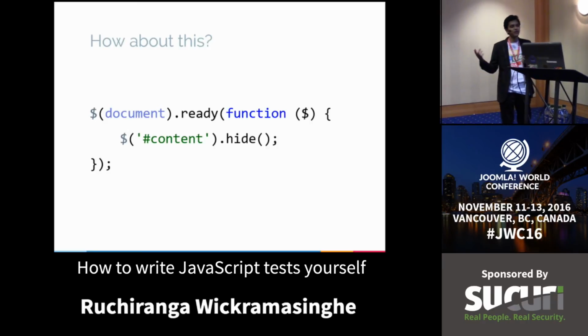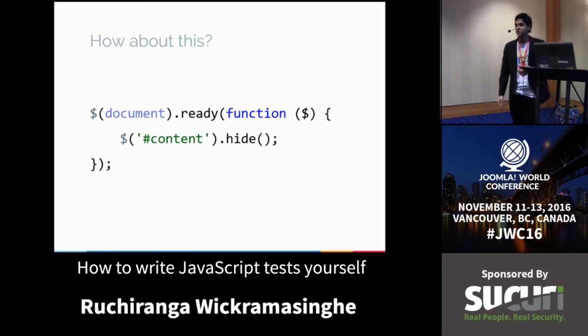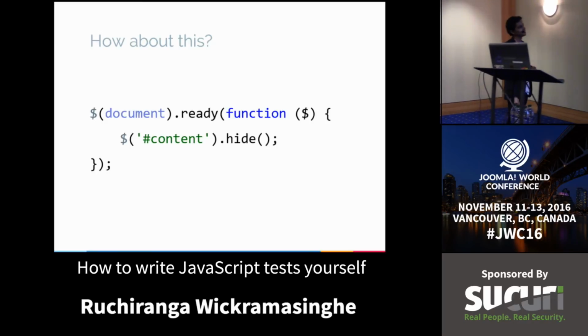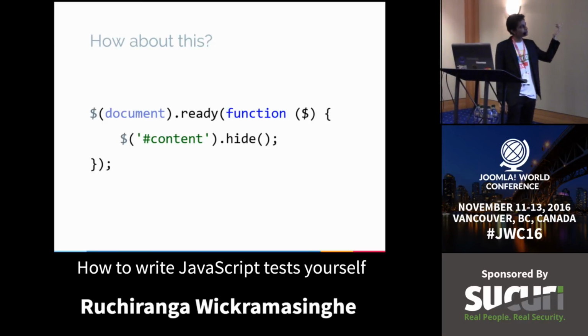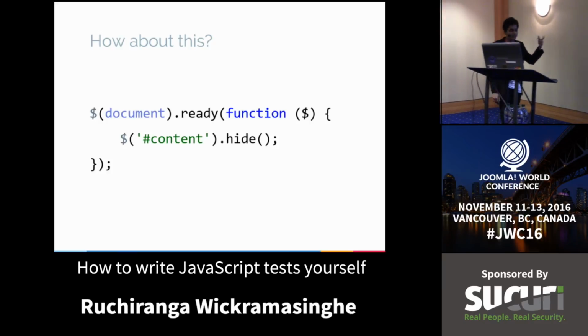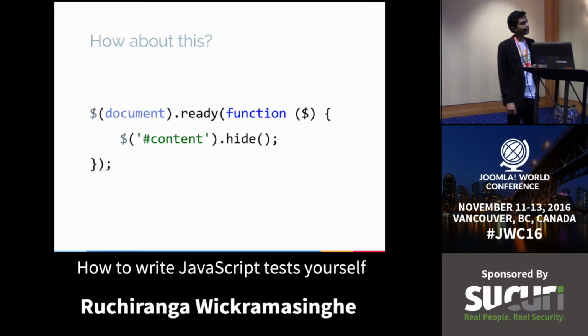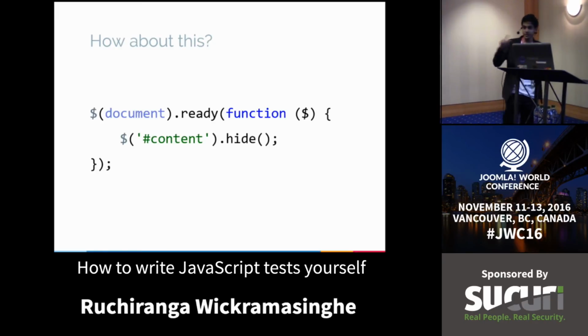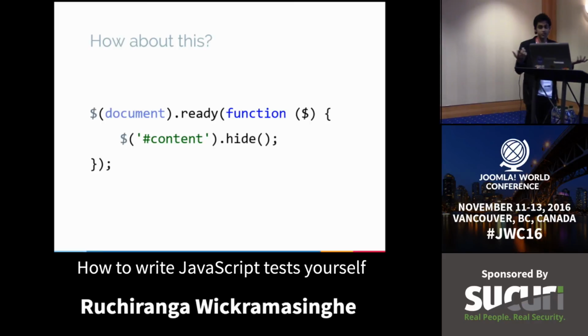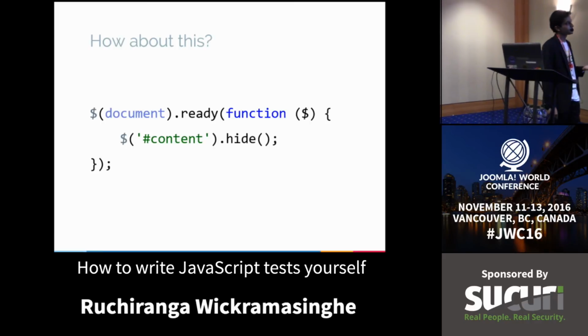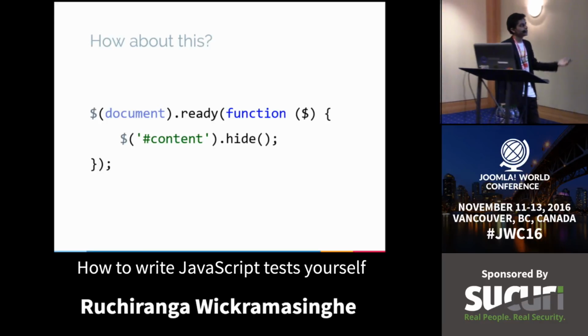This is another thing that we came across. It's easy to pass this function just to the document ready callback, but you cannot really re-trigger this document ready callback once the page is loaded, unless you refresh the page, but we cannot afford to do that here, and you cannot really test this again.